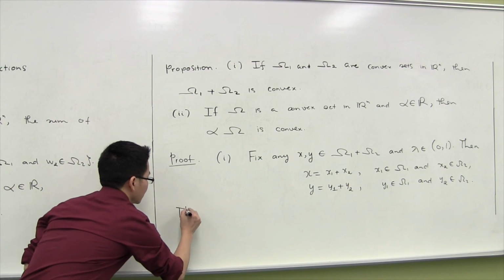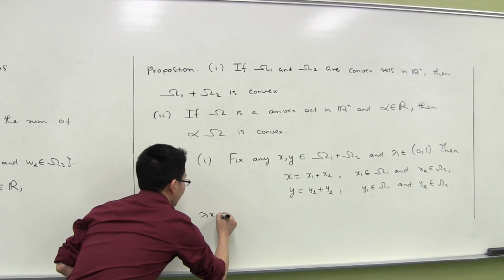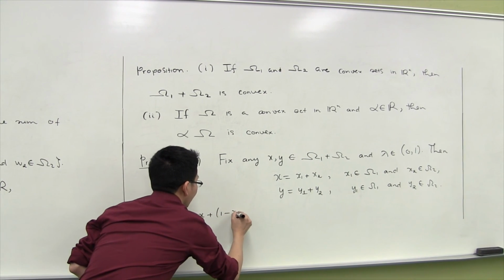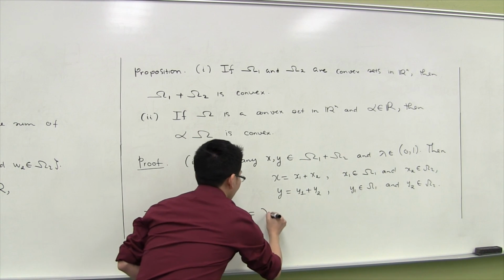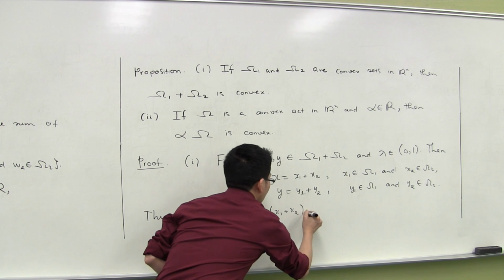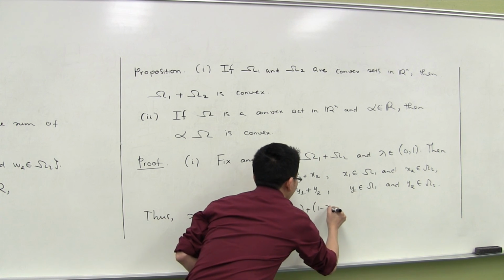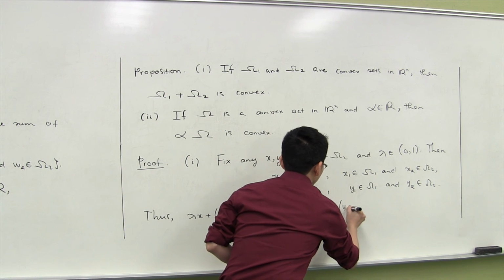Thus lambda x plus 1 minus lambda y is equal to lambda times x1 plus x2 plus 1 minus lambda times y1 plus y2.